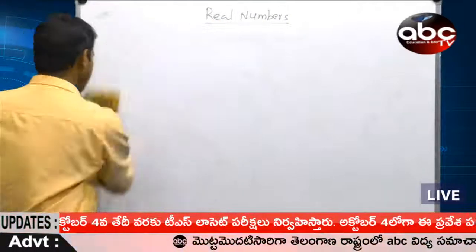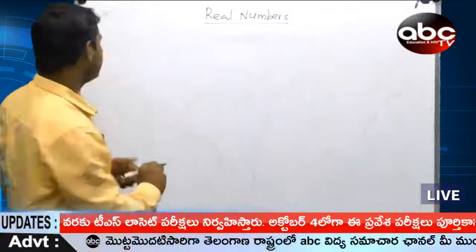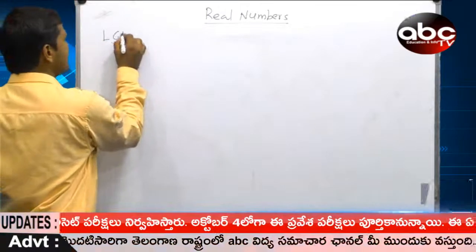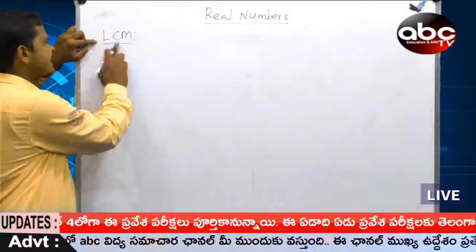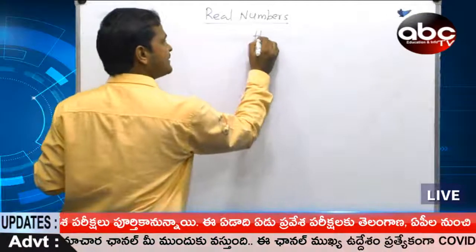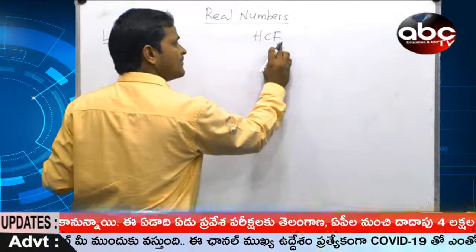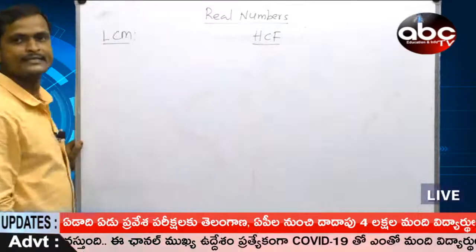Now let's see LCM. Already you know, students, LCM is least common multiple, HCF is highest common factor.